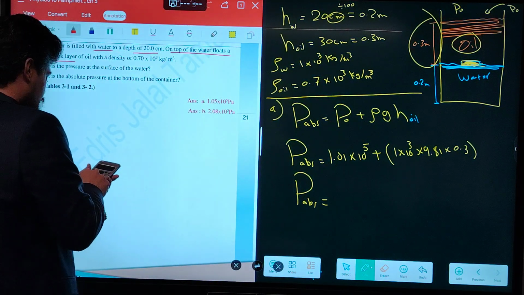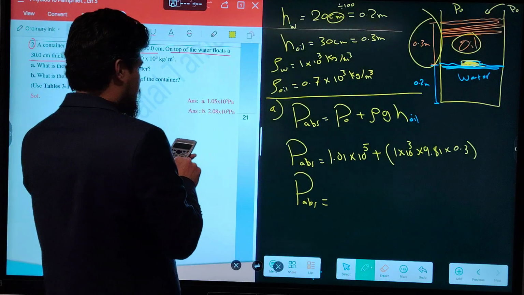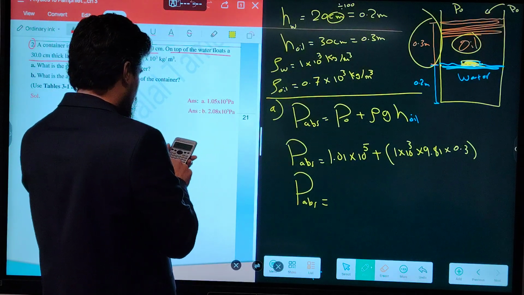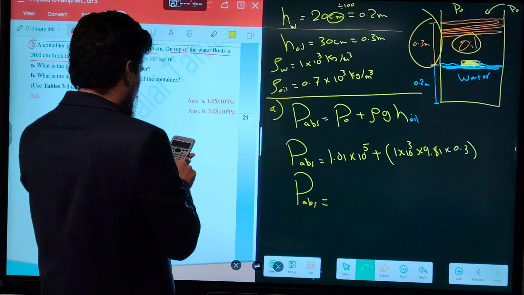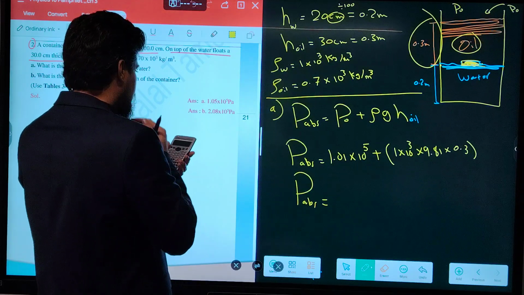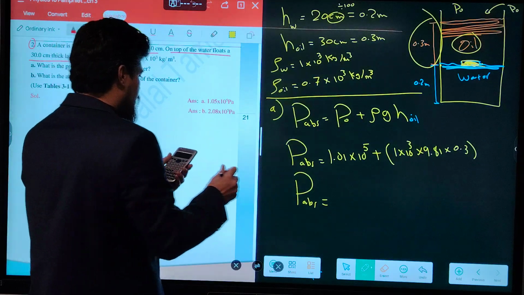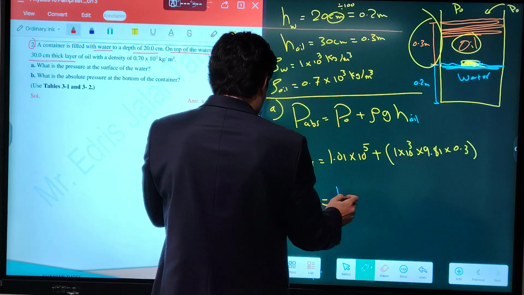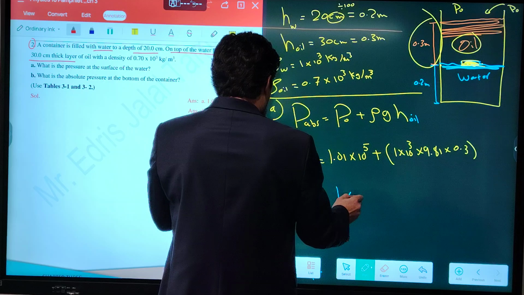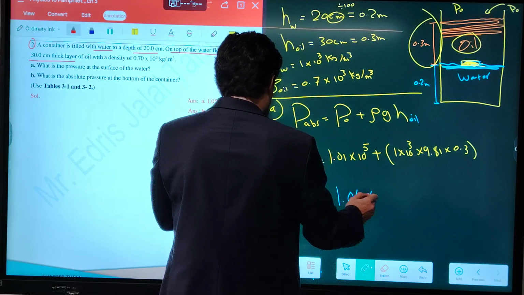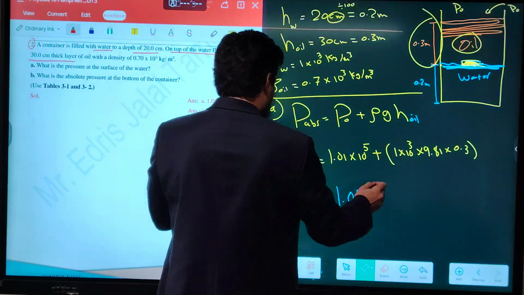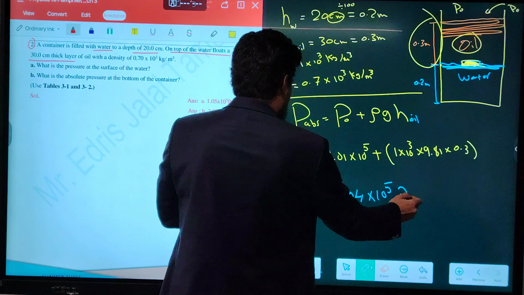Now I'm going to calculate. 1 times 10 power 3 times 9.81 times 0.3 plus 1.01 times 10 power 5. I got 1.04 times 10 power 5 Pascal.